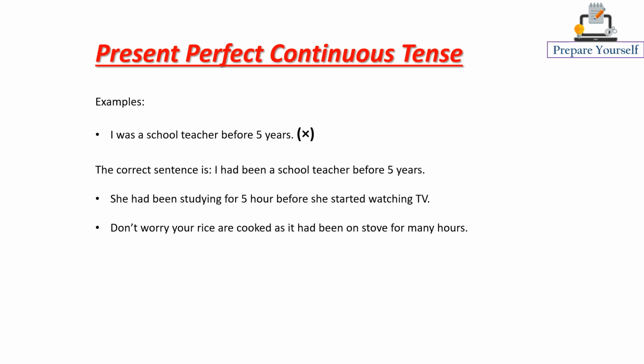For example, I was a school teacher before 5 years. Now this sentence is incorrect and let's have a look at the correct form. I had been a school teacher before 5 years. We have to use had been because it is past perfect.